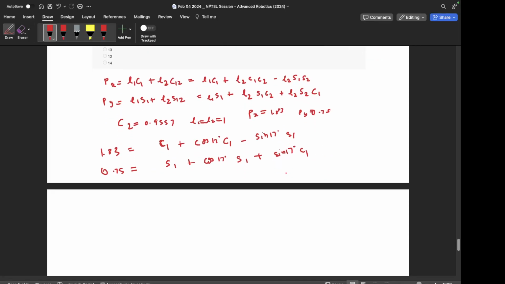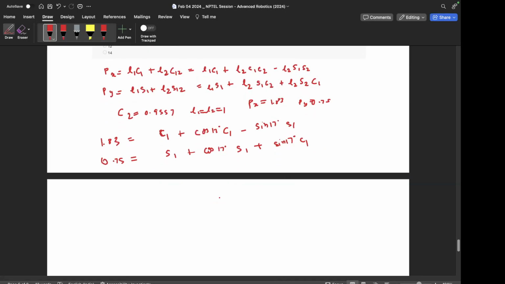So if you put in the values of cos 17 and sine 17, you will get basically a system of, I would not say linear equations, but a set of equations in which cos theta 1 and sin theta 1 are unknowns, and so it can be written like a matrix times a vector.